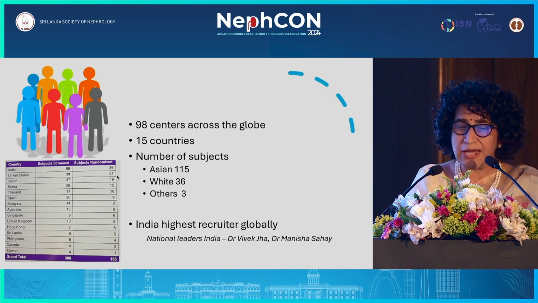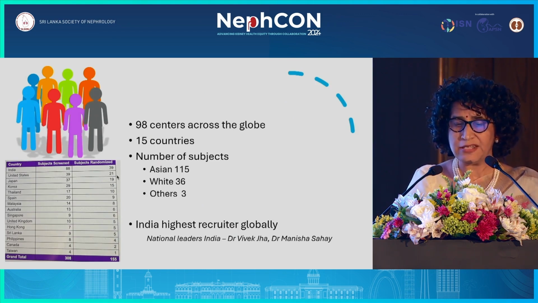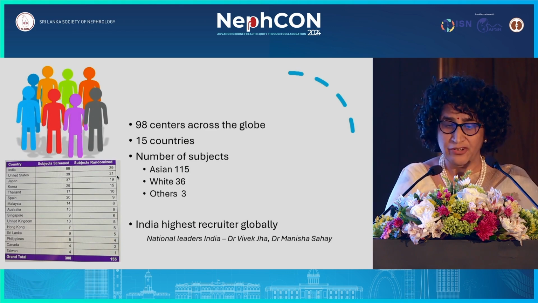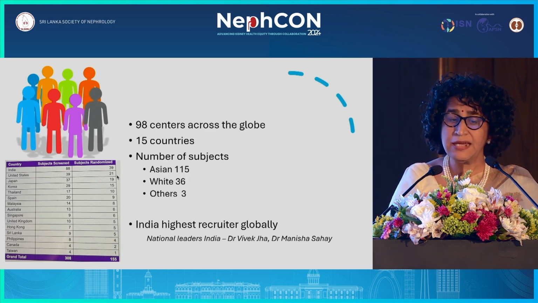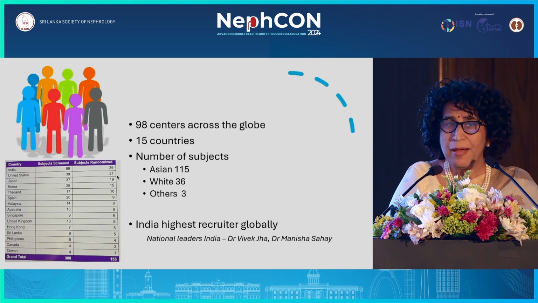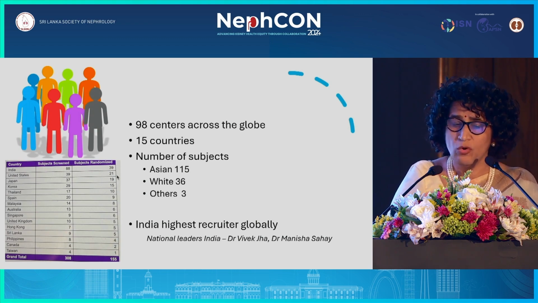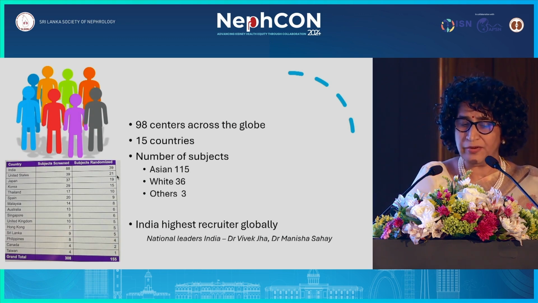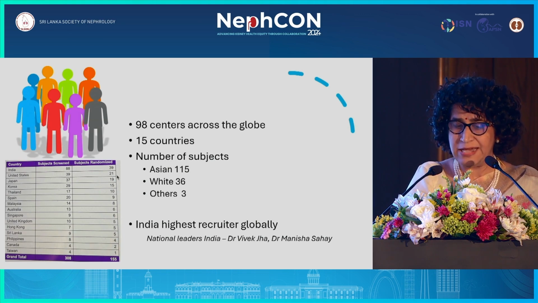So this trial was conducted in 98 centers across the globe in 15 countries. And you can see here, we had a lot of patients from the APAC region, in answer to the question in the morning, what is the impact of these trials in our local population? So Asians were 115, whites were 36.